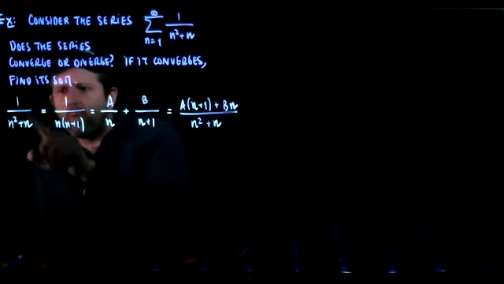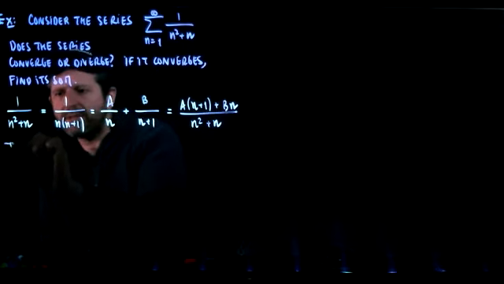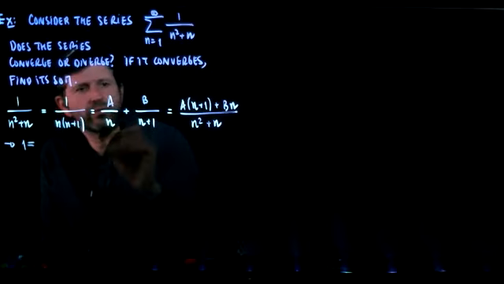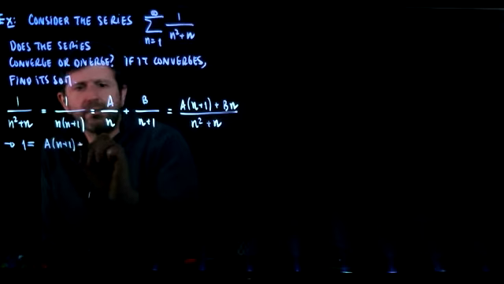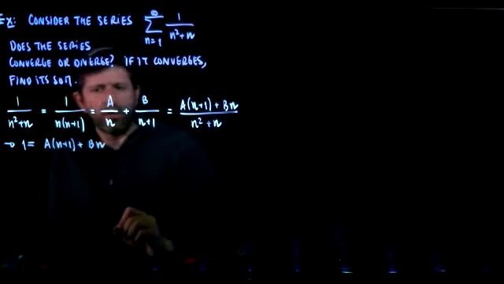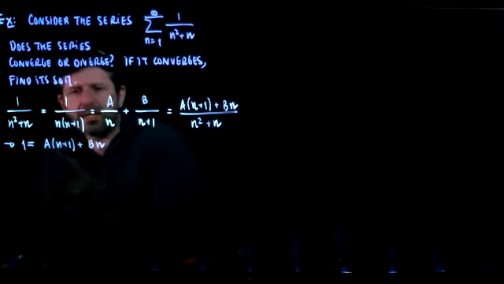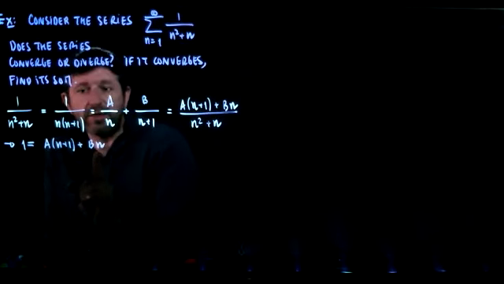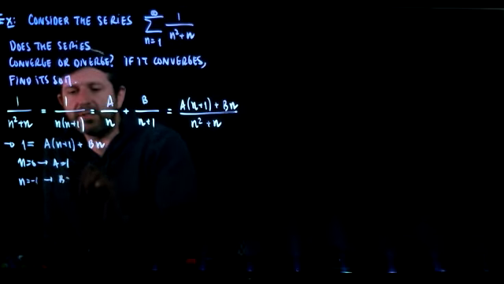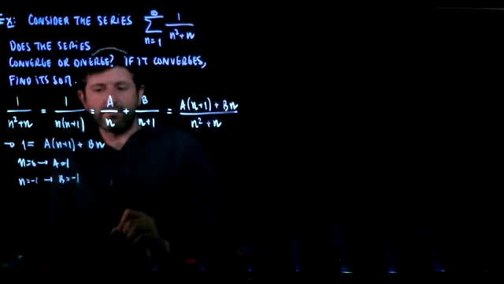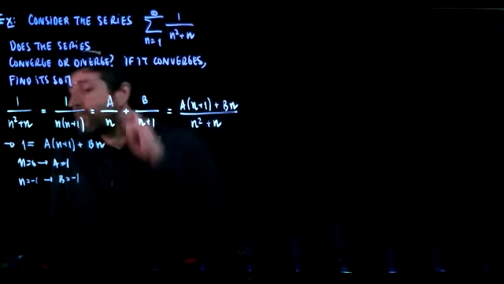Basically this means that 1 has to equal A times n plus 1 plus B times n, always. So let's say n equals 0, which means that A equals 1, and if n is negative 1, then B is equal to minus 1.